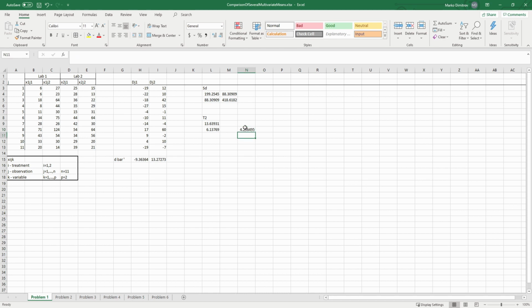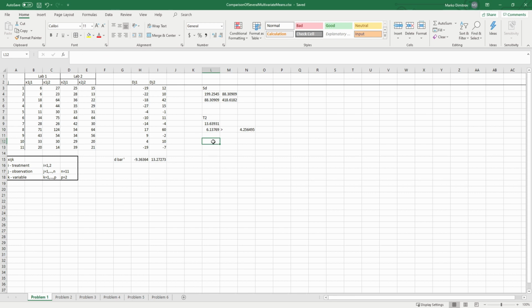We get 4.2 something, and the value of the test statistic is larger, so we reject the null hypothesis, which means that there is a significant difference between the treatments.